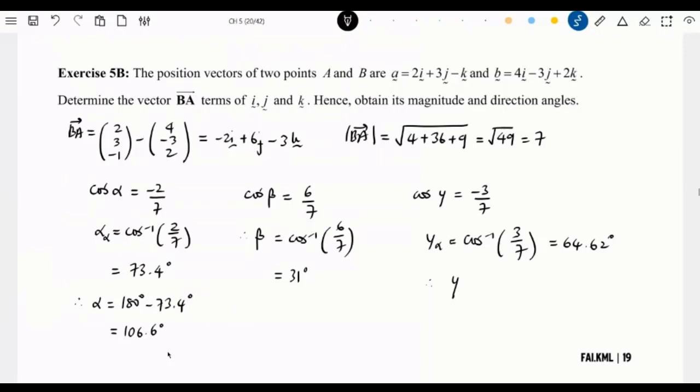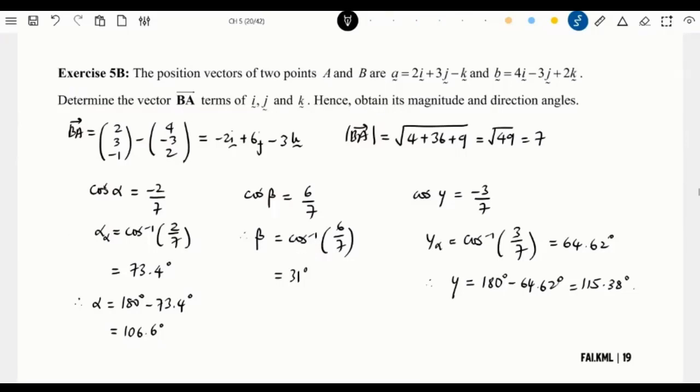Okay, so originally gamma, which is 180 minus 64.62. So we're gonna have 115.38. Okay, so yang lain dapat? Dapat, Miss. Alright, okay. So basically we done scalar product.